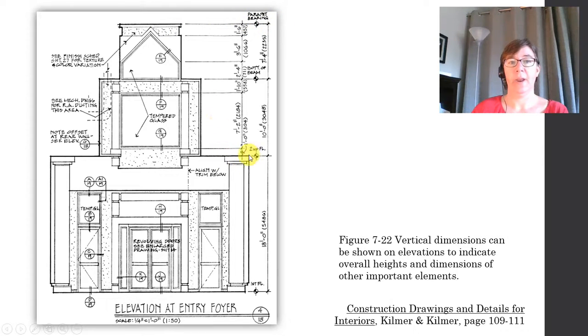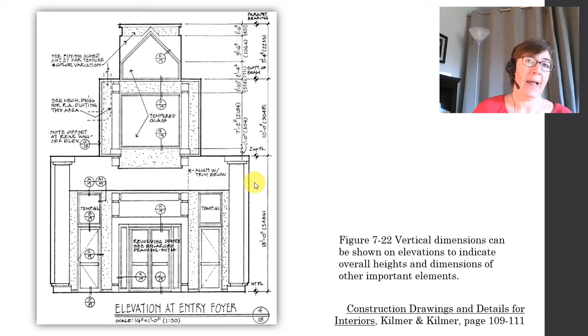And then in this string, we've got a little bit more detailed dimensions for those vertical heights. Notice that in this case, the horizontal dimensions are not called out. That's probably because all of those horizontal dimensions are called out in a floor plan or a reflected ceiling plan of this area. And there's no need, and in fact, it's bad practice to duplicate the dimensions.